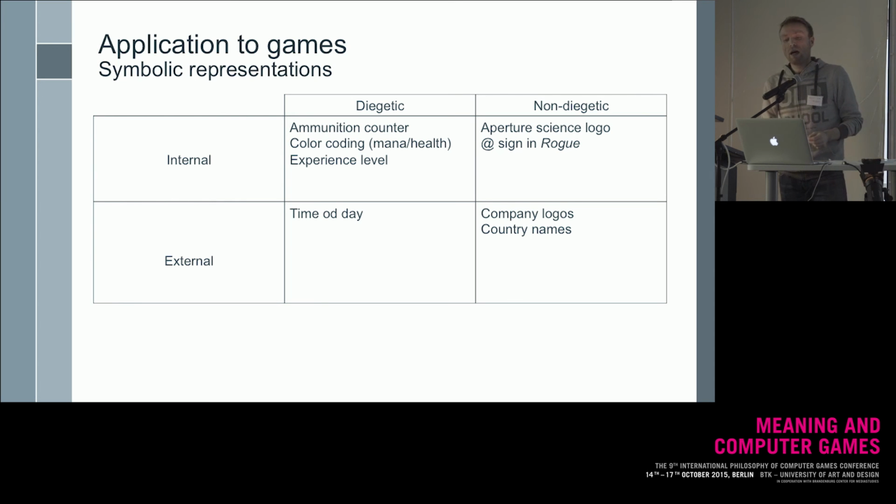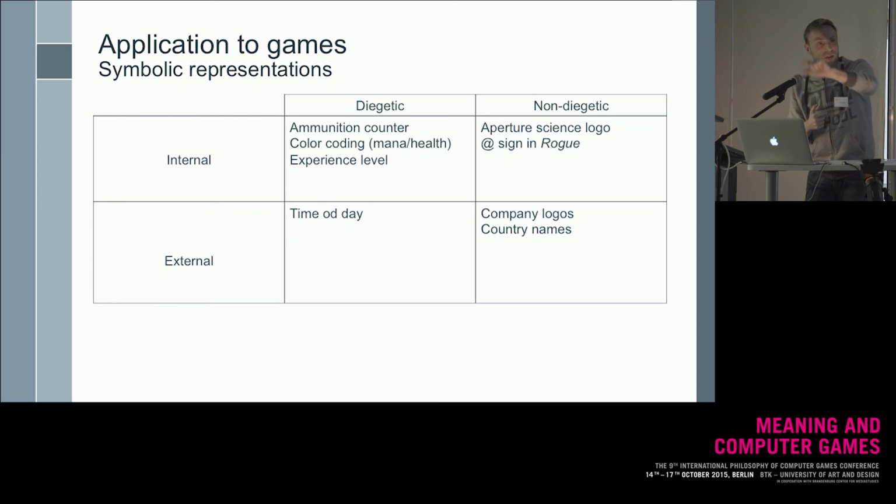And this last example, experience level, is a very, very interesting one because it is an example of a symbolic representation that is in the game, and actually the player interacts only with this representation. Experience is only given by this representation. There's no experience that is seen or perceived in any other way. So compare it to the ammunition counter. With an ammunition counter, if you really wanted, you could count the shots in your pistol.